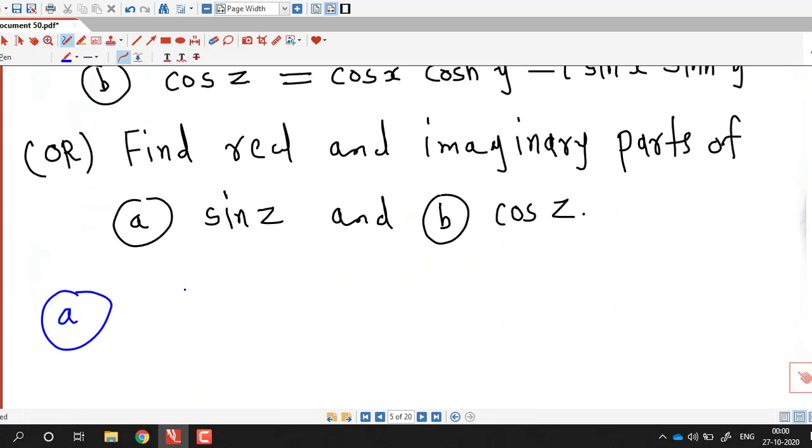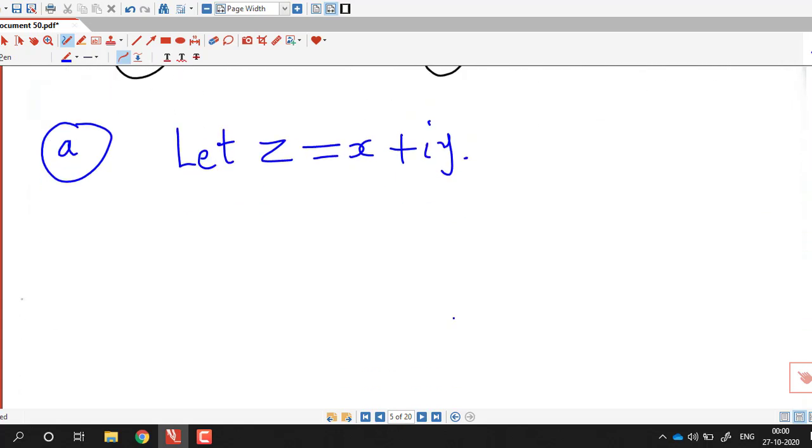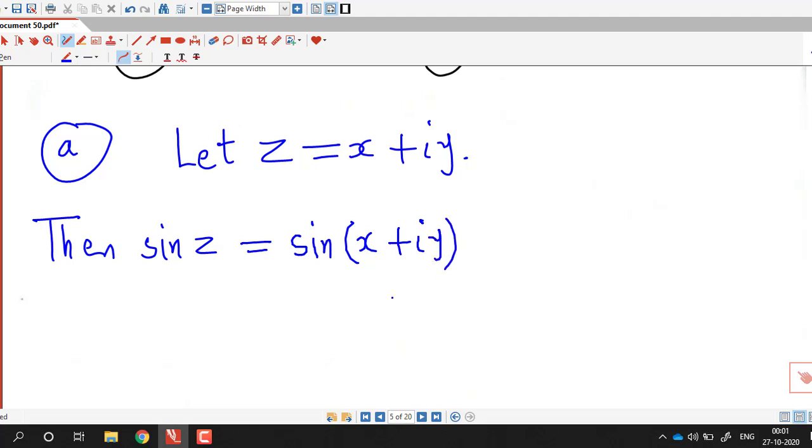So we have z equal to x plus iy. We substitute this in sin z. Then sin z is nothing but sin of (x plus iy).